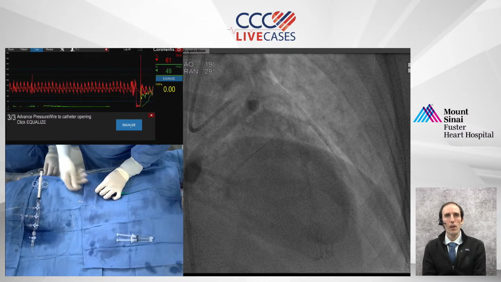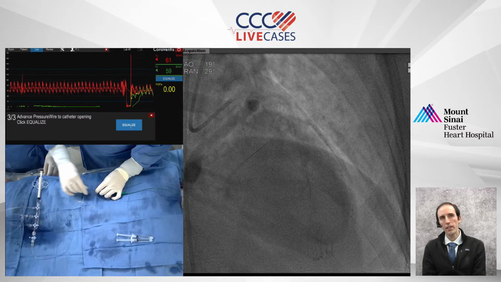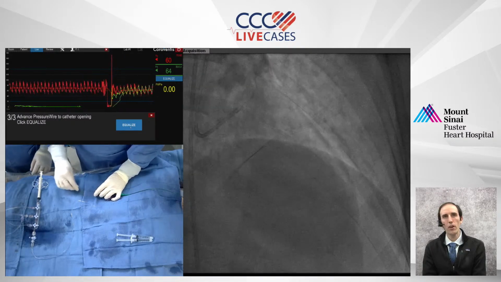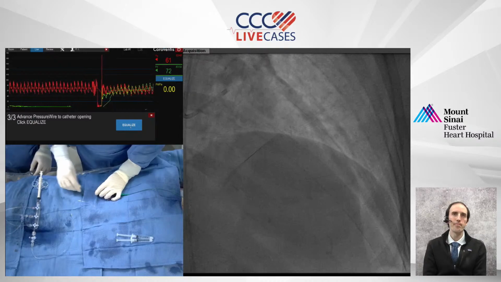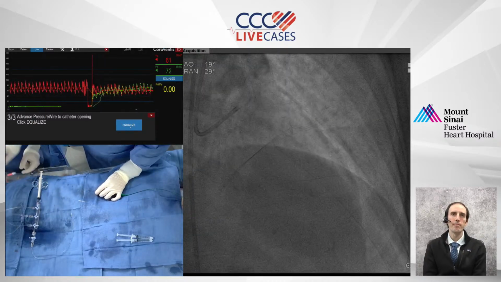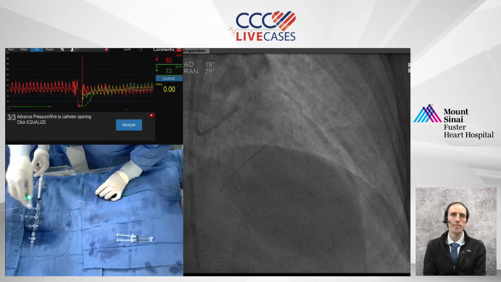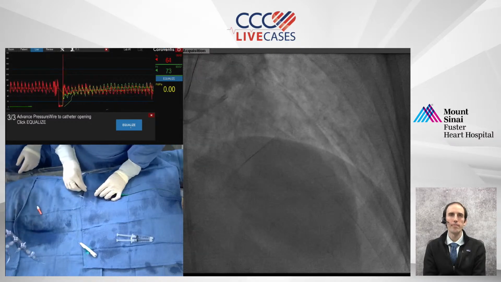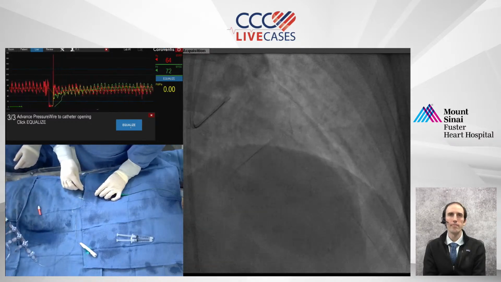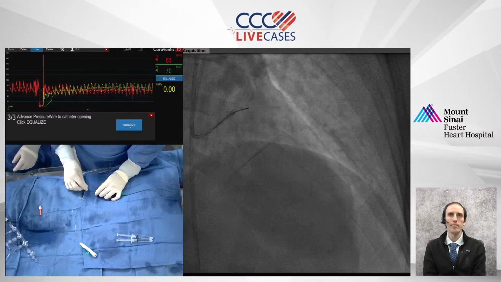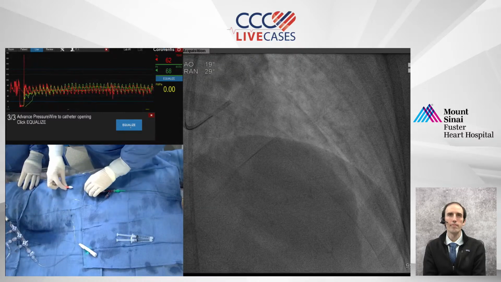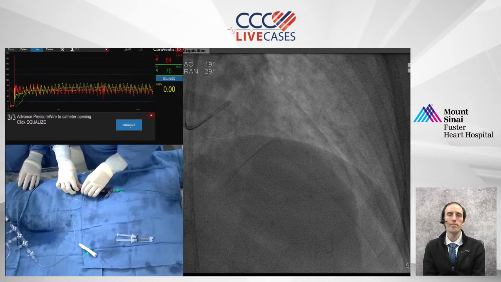Mm-hmm. So now, where are you going to put the wire, and what's your strategy here as far as where to measure? Great question. So we typically only do the LAD unless there is a targeted need to do a different vessel, such as a myocardial stress test that shows no obstructive disease and is showing RCA ischemia.